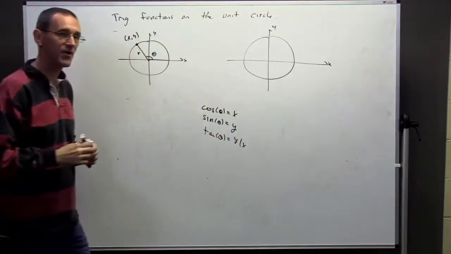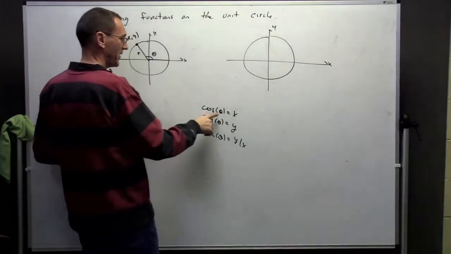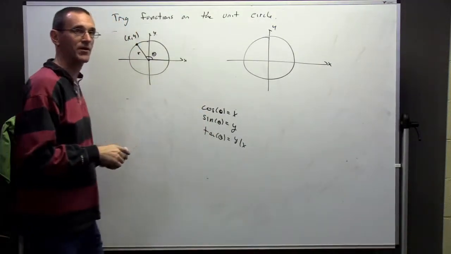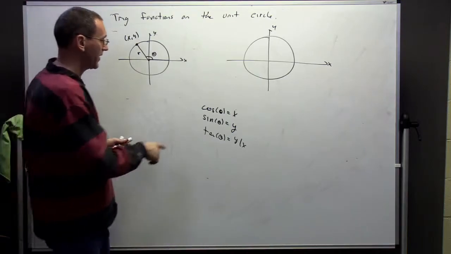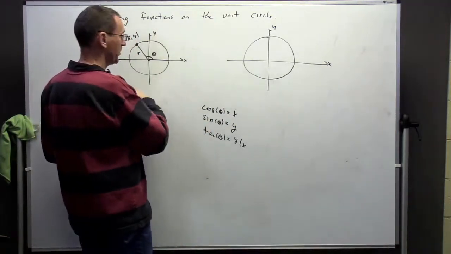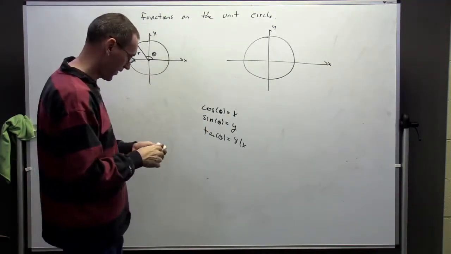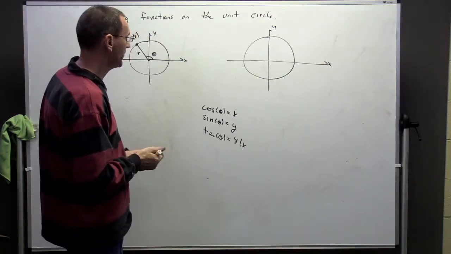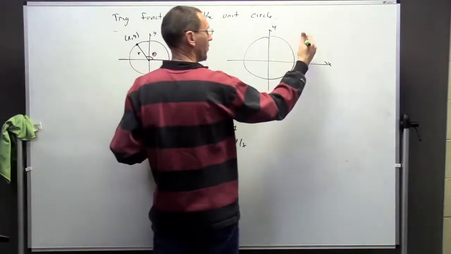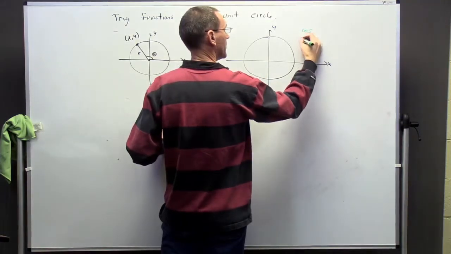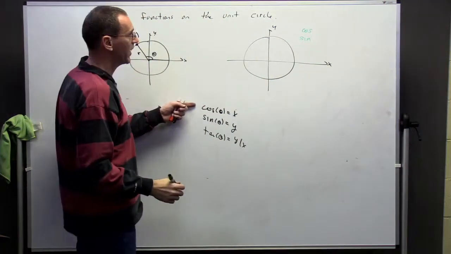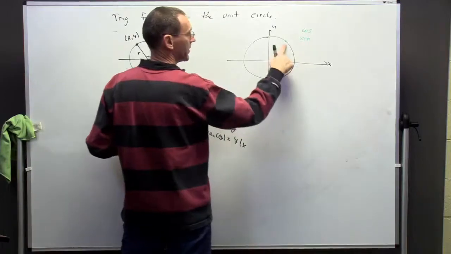So this as a function, as my theta changes, the value of the cosine is going to change. And the same thing with sine. As the value of theta changes, it's going to change as well. So let's see, what do we have? If we're in the first quadrant, the cosine is going to be some point here. It's going to be the x value.